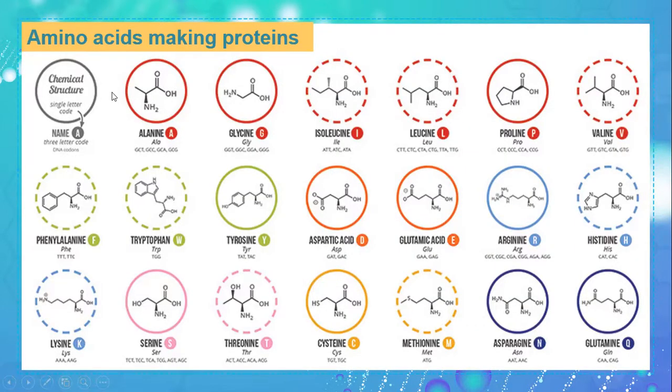Here we can see the 20 different types of amino acids: alanine, glycine, isoleucine, leucine, proline, valine, phenylalanine, tryptophan, tyrosine, aspartic acid, glutamic acid, arginine, histidine, lysine, serine, threonine, cysteine, methionine, asparagine, and glutamine. Of course, here we just have to be familiar with these amino acids and we aren't responsible to study their names.